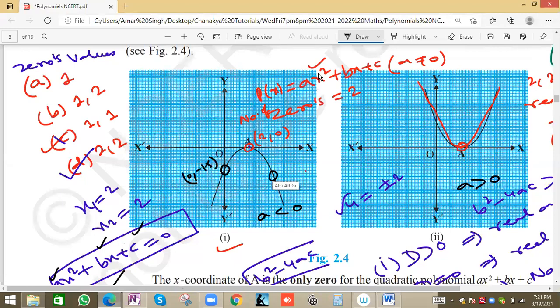Here x will be almost 3.3, and y will be almost minus 1.9. So from these 3 points we can get the nature of the graph.